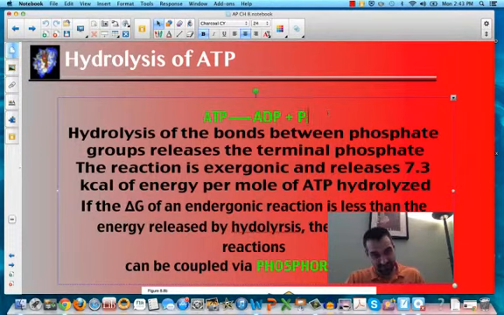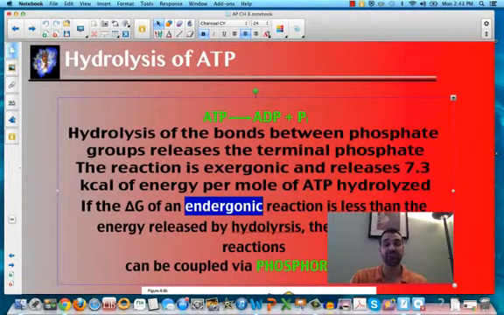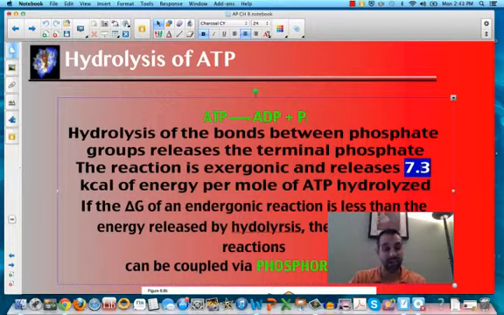We're releasing free energy. So if this exergonic hydrolysis of ATP releases 7.3 kcals, the required delta G for any endergonic reaction can be satisfied by these 7.3 kcals.